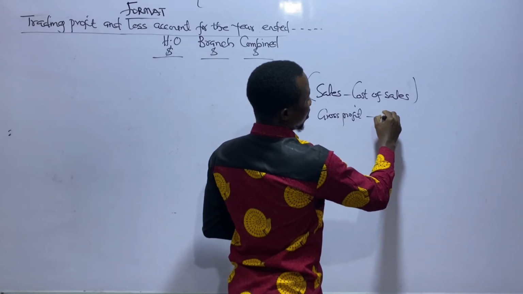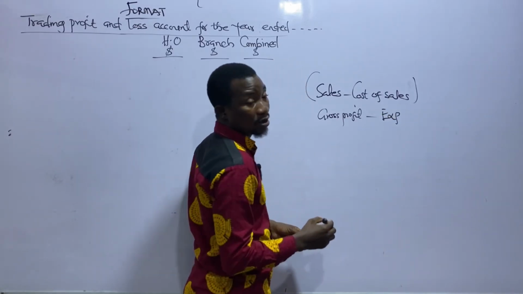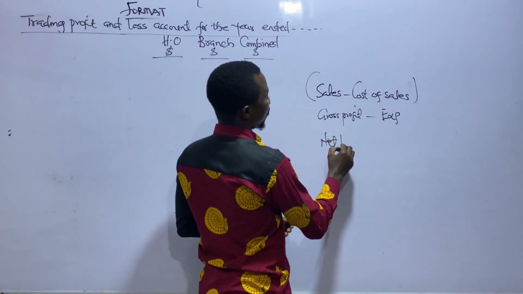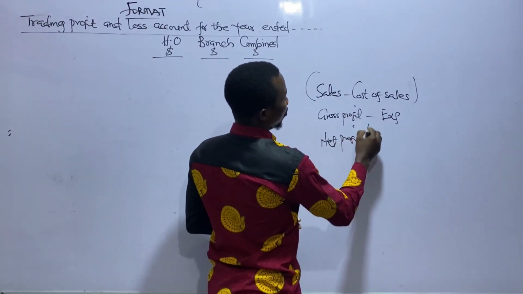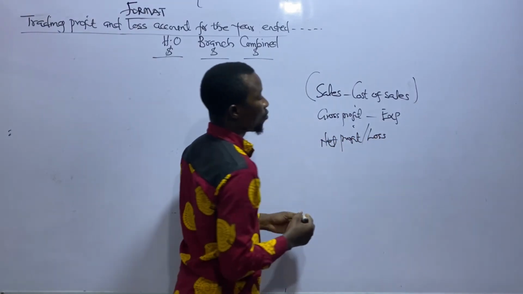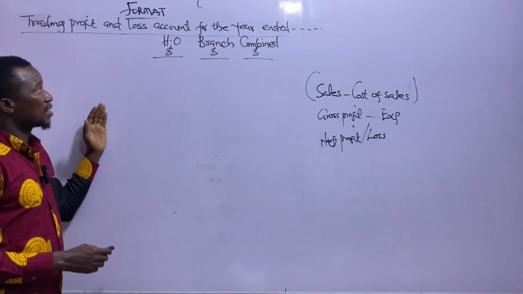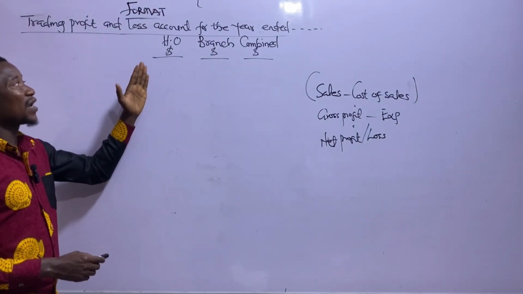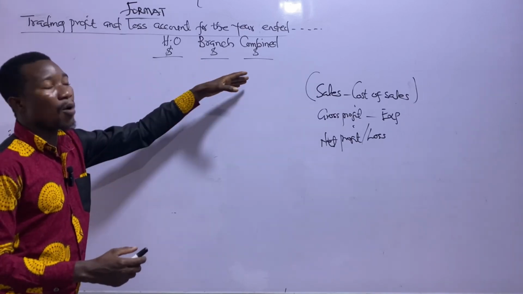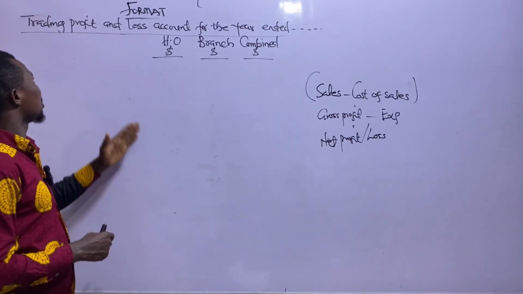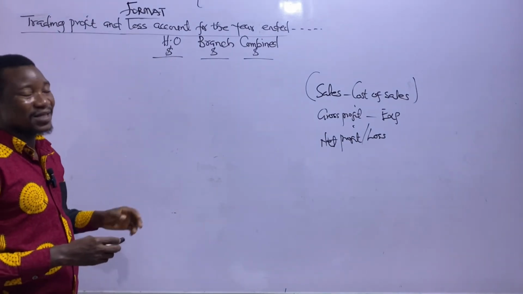Then we subtract our operating expenses. If we subtract our operating expenses, we ascertain either a net profit or loss. So basically, this is what this account aims for, but we are preparing it for the head office, the branch, and the combined. So we call it a combined autonomous branch trading profit and loss account or income statement.